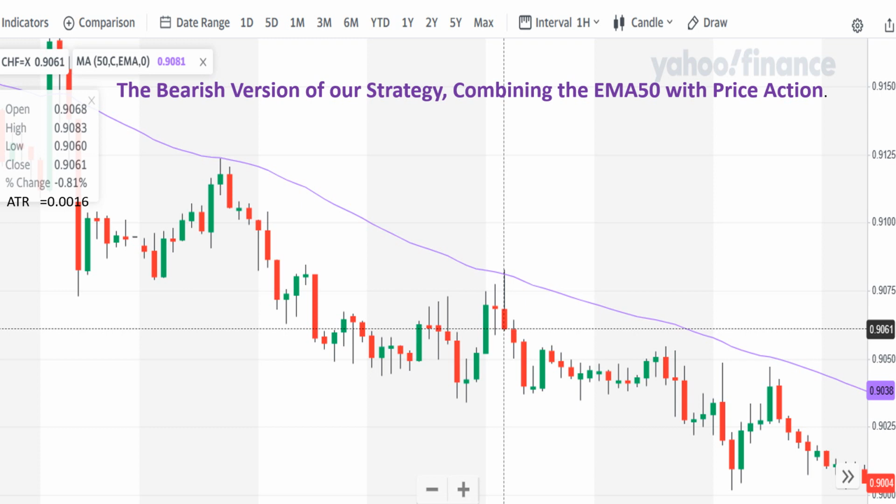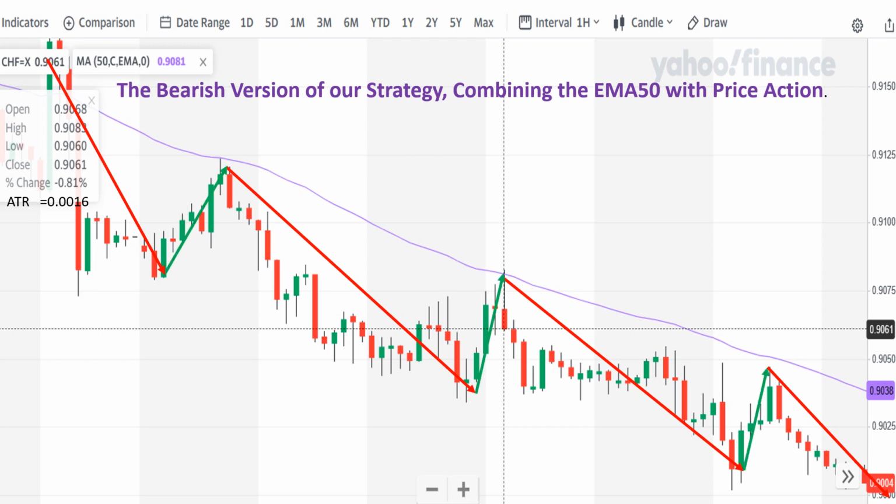To initiate, we require a clear downtrend in the price, serving as our first condition for this strategy. As you see, the price is trending nicely downward, making lower swing lows, and the pullback is making lower swing highs, which is the characteristic of a downtrend.